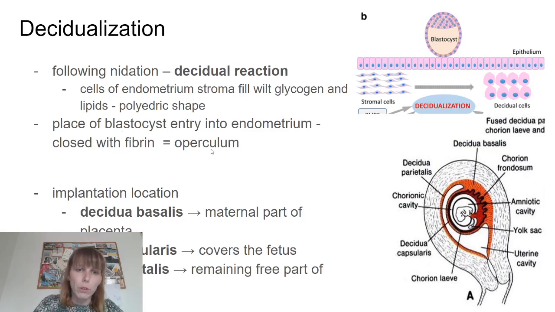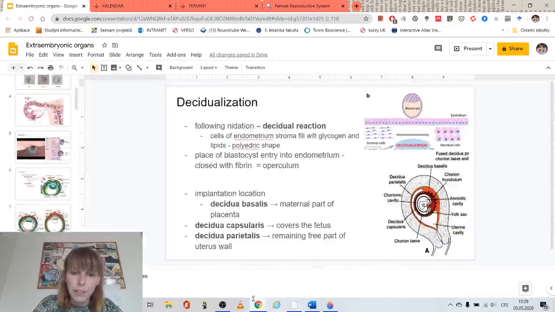This place is called the operculum, but I don't think this is very crucial for us now. So you have to know what decidualization or the decidual reaction is, what happens to the cells, and why. And you can imagine, let me just check if there are some questions.